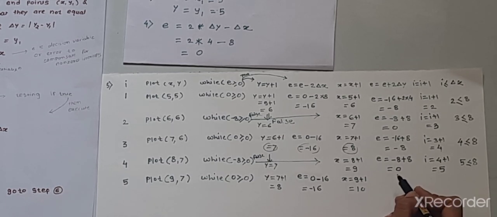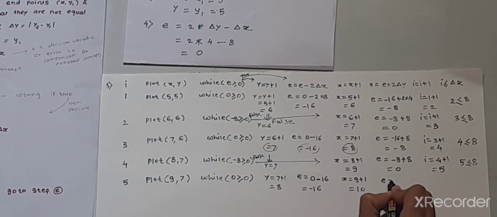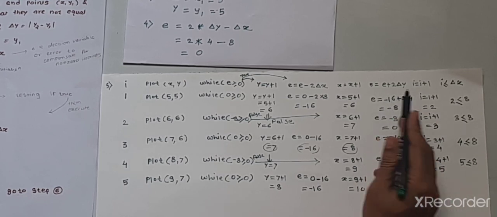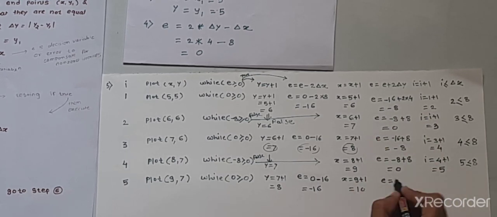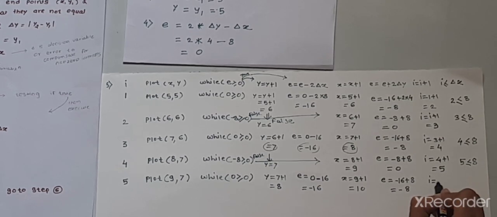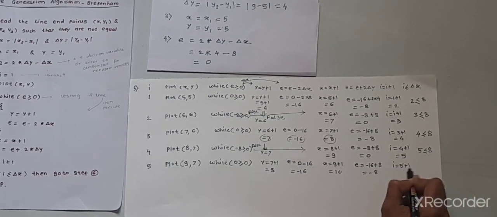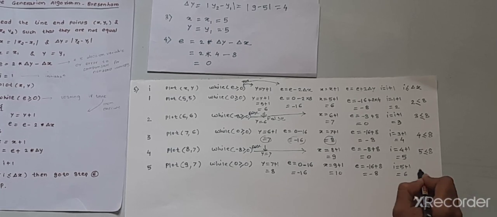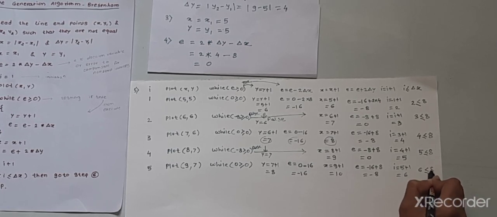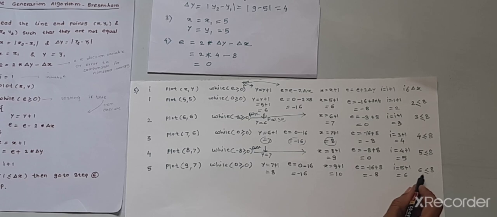Here we want to calculate the value of e is equal to e plus 2 delta y. e that we are getting here minus 16 plus 8. So we are getting answer as here minus 8. Once again i increase by 1. So 5 plus 1, answer will be 6. 6 is less than equal to 8. Condition is true.